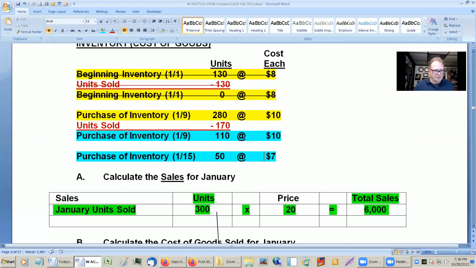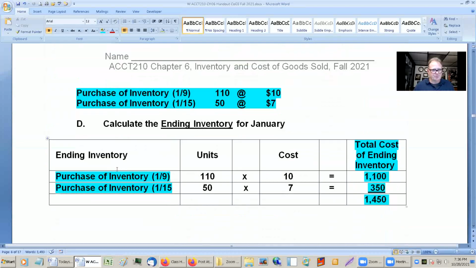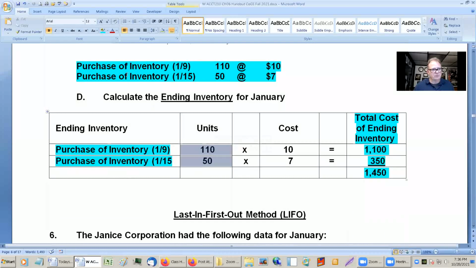Okay, so this is our ending. This is what was sold. This is what's not sold. So coming down here, 110 at 10 is 1,100.